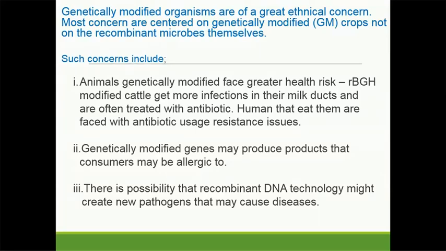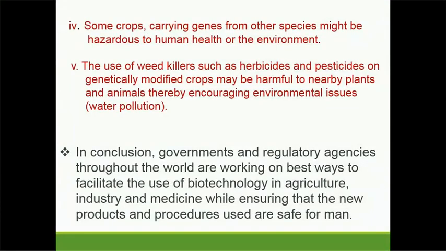And number 2 reason is that genetically modified genes may produce products that consumers may be allergic to. You might not know, it might just be there. Number 3, there is the possibility that recombinant DNA technology might create new pathogens that may cause other diseases, and that is not a good thing. Another ethical concern is that some crops carrying genes from other species might be hazardous to human health or the environment.